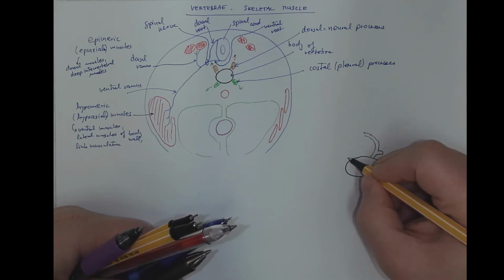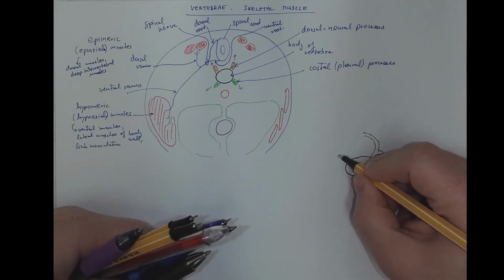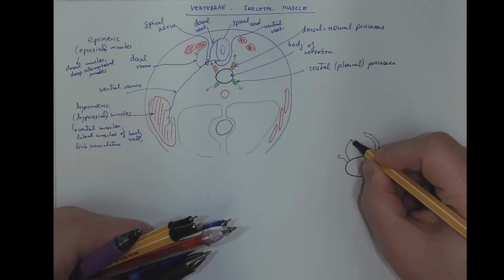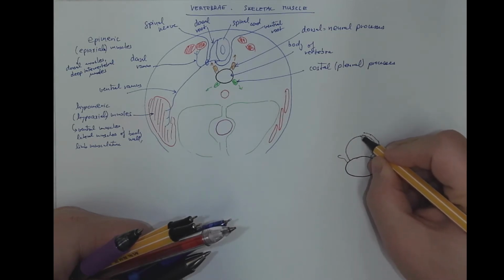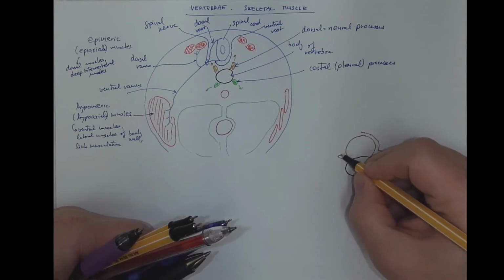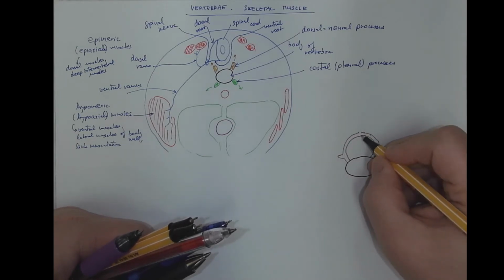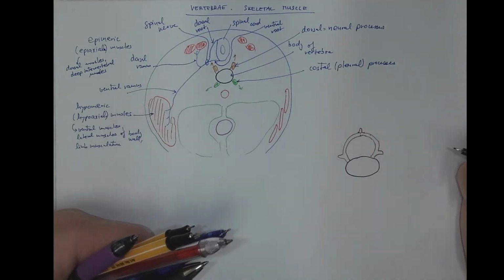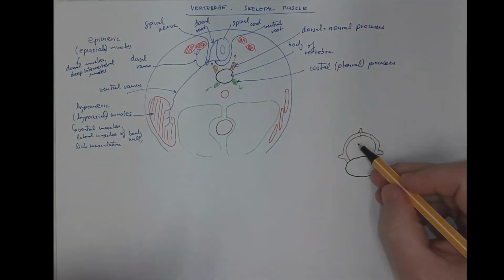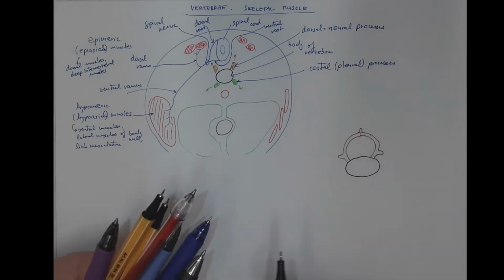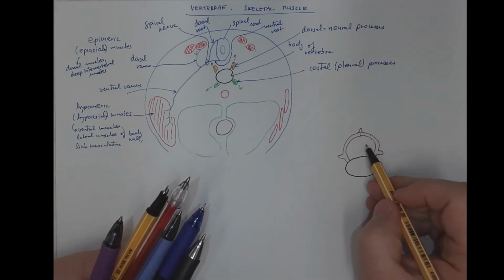And on the other side, the same. Here they will fuse and form the spinous process to encircle the vertebral foramen that will protect the spinal cord.